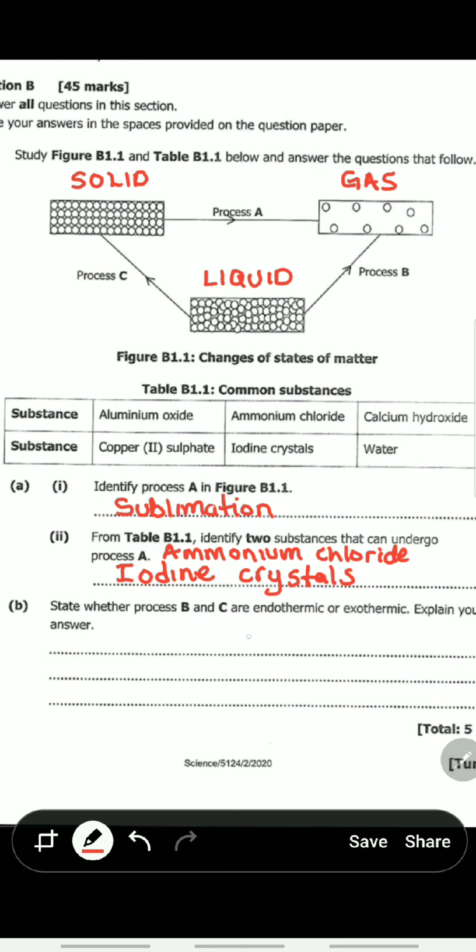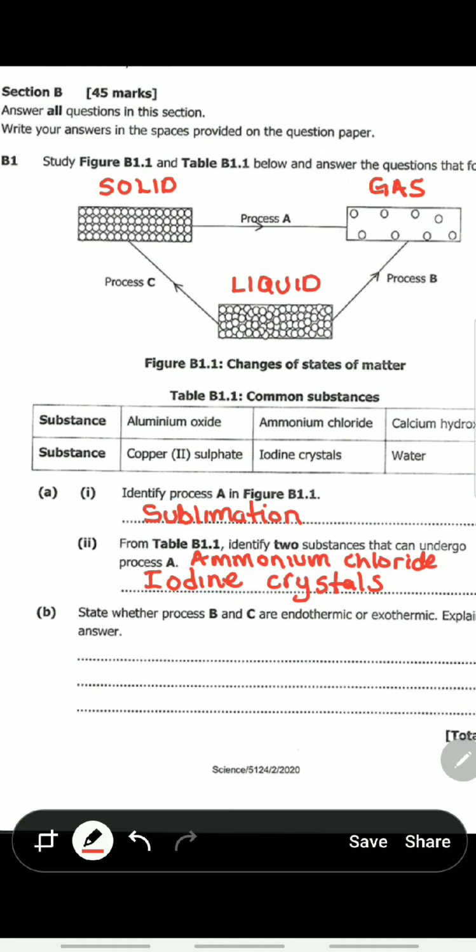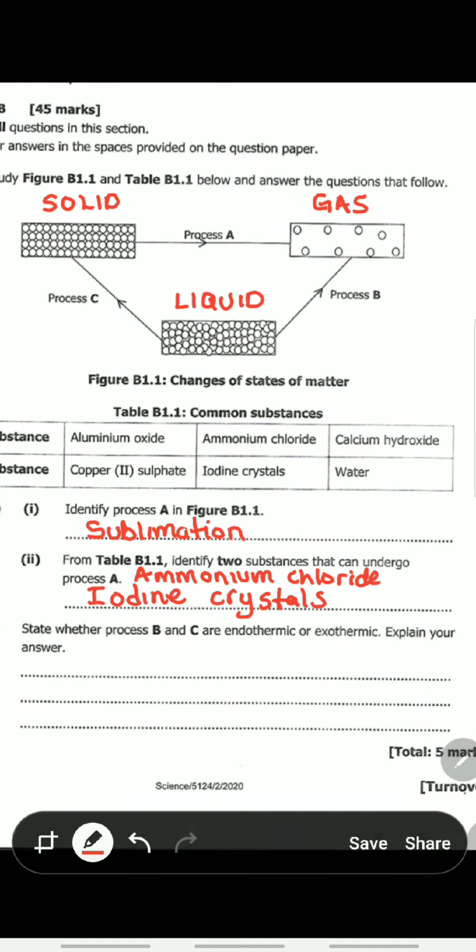Part B, state whether process B and C are endothermic or exothermic. Explain your answer. Now we have to identify first the process B and C so that we are able to know whether they are endothermic or exothermic.